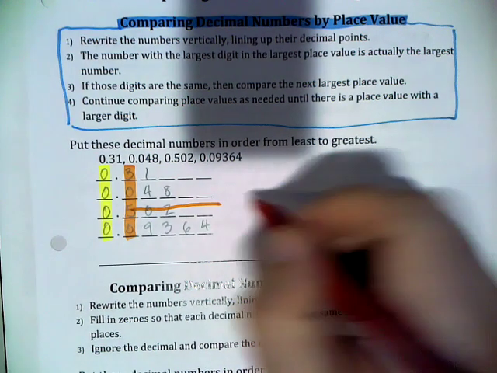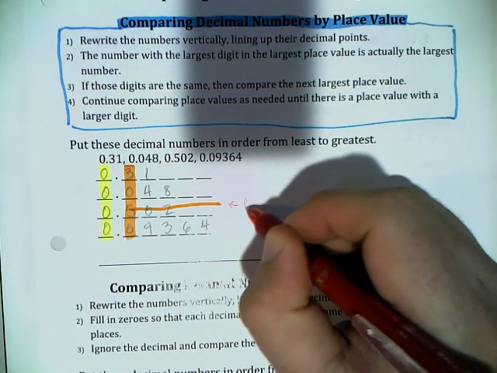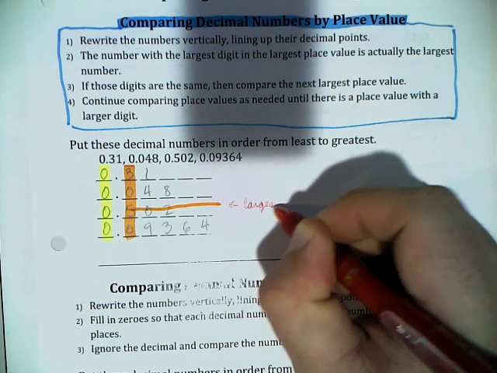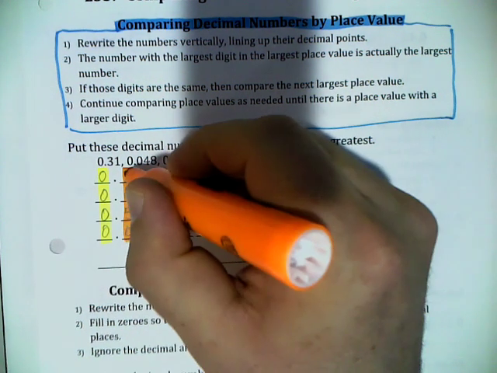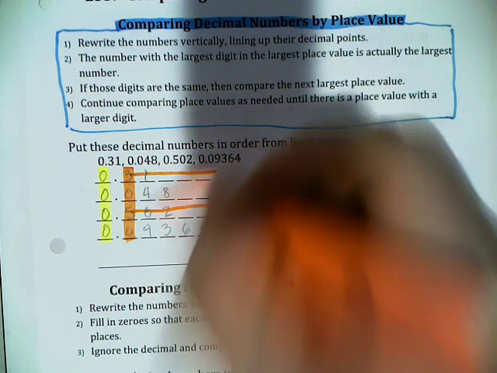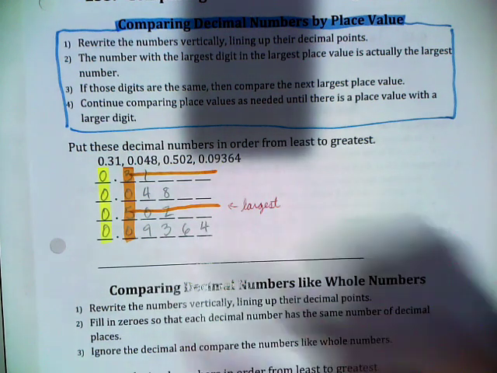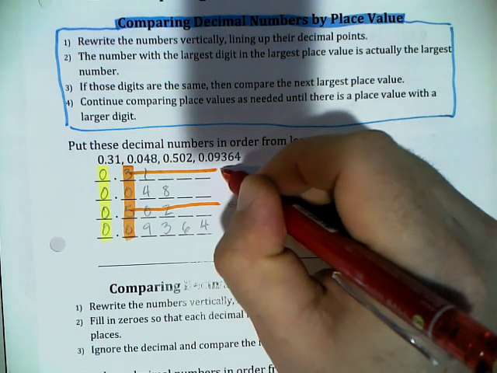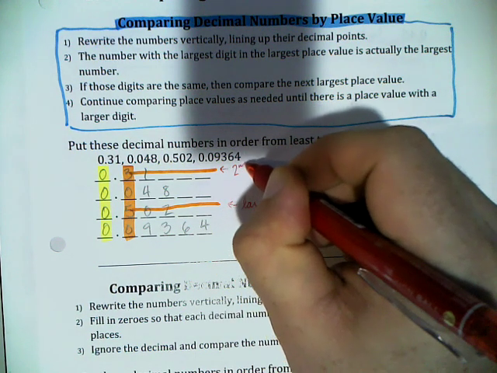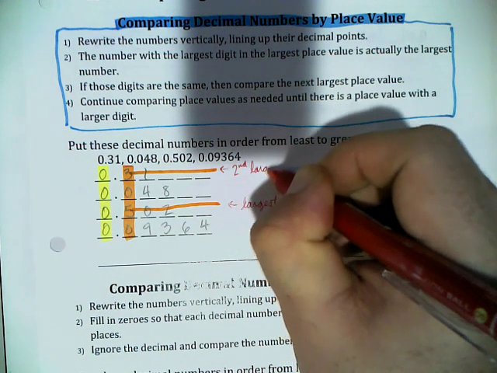So this number right here is the largest. Now, we can also tell, though, that the 3 is larger than the zeros. So this one has to be the second largest.